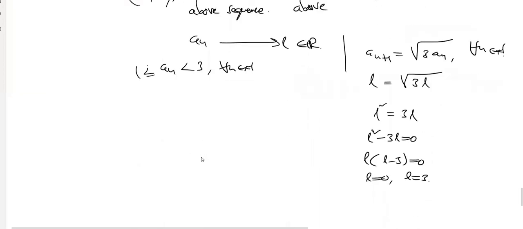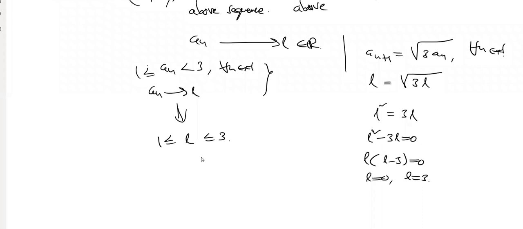So there are two options, either 0 or 3. L equals 0 is not possible because 1 less than or equal to 0 is impossible. Therefore, the only case is L equals 3.